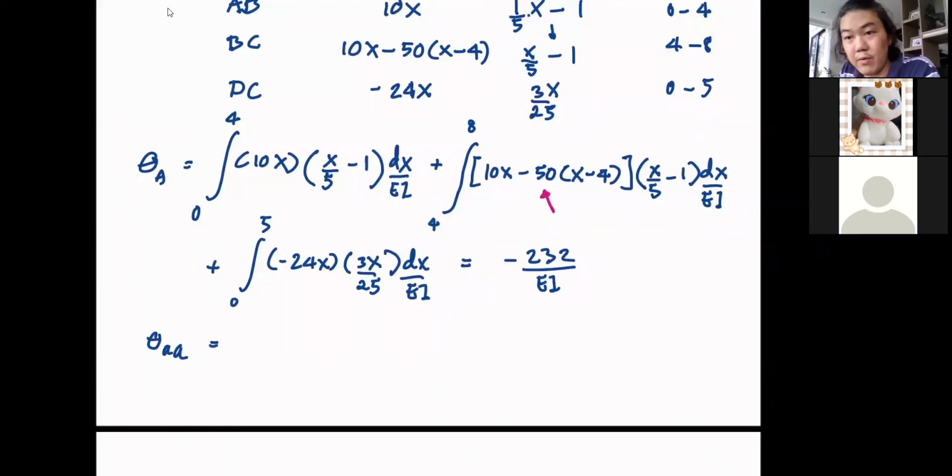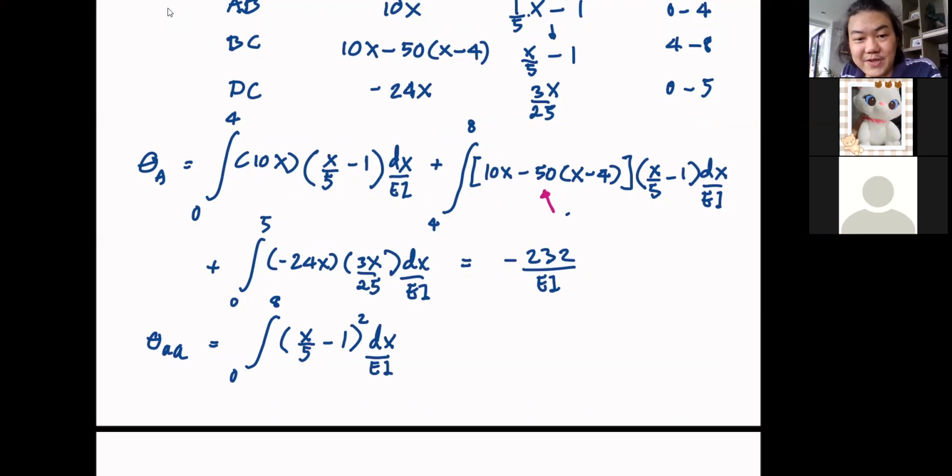This is the rotation at A due to unit moment at A. Because of the sacrifice we made here, now I can wrap up the integral into one from 0 to 8, and my equation is x over 5 minus 1. Remember, this is for both the actual and virtual cases, so it's squared now, dx over EI.